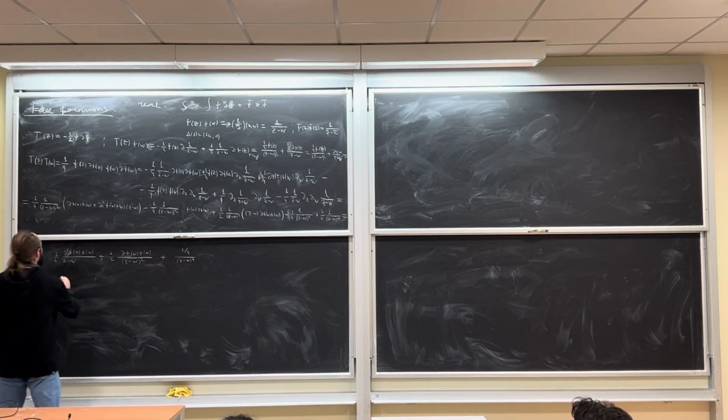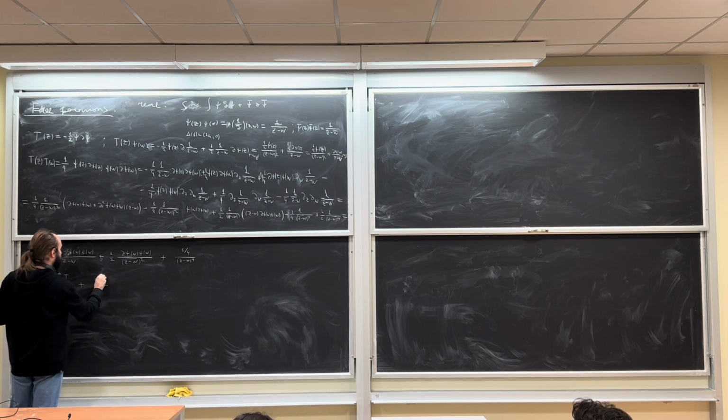Because in principle it should be dT over z minus w plus 2T over z minus w squared.